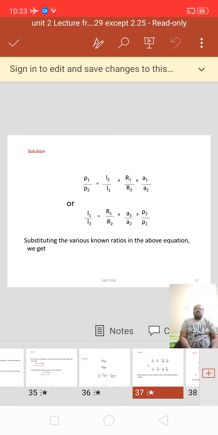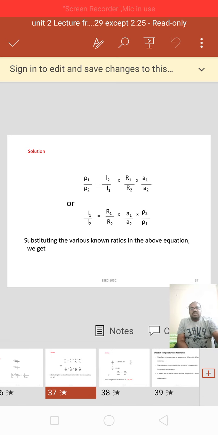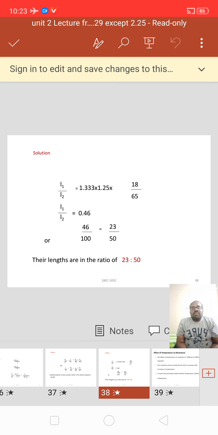Substituting the various known ratios in the above equation, we get L1 by L2 equal to 1.33 into 1.25 into 18 by 65. By doing the computations, we get the lengths of the wires are in ratio of 23 is to 50. Okay, it is a typical question.